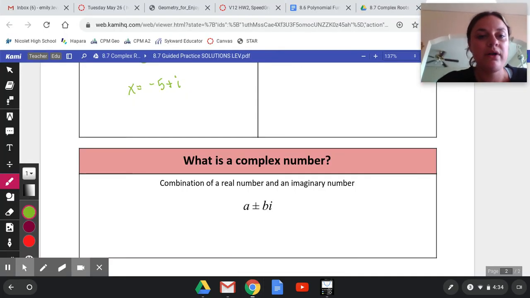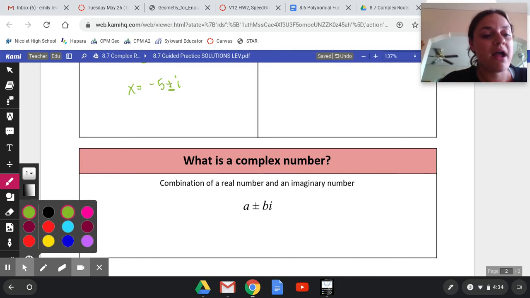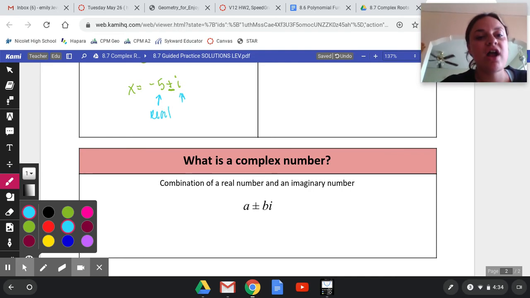So we've got negative 5 plus or minus i. This will always be the format of these complex numbers. The negative 5 is the real part, and then you are going to be adding or subtracting some imaginary part. Anything that contains i is imaginary.